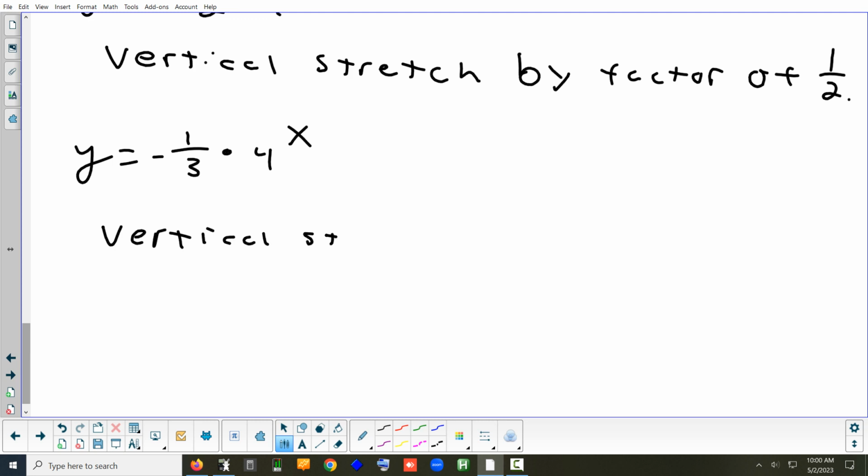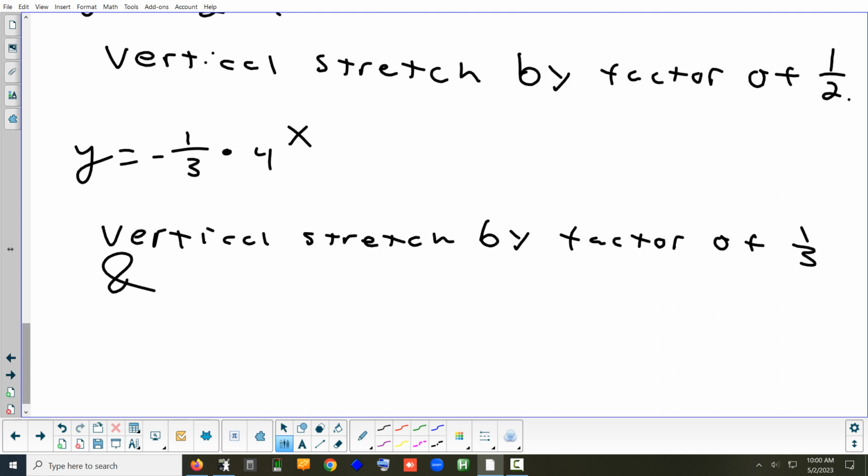Vertical stretch by factor of 1/3. And we have to add something else. Yep. And reflect it over the x-axis. Yep. And reflect over x-axis. Perfect. So there really is no difference in how you write these compared to what we did yesterday.